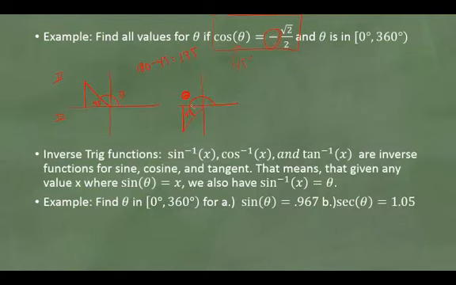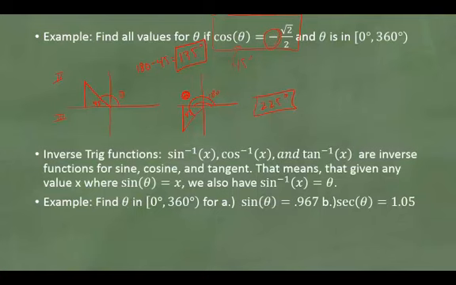If this is 180 here, what's 180 plus 45 degrees? 225. So those are our two angles, 135 and 225. That's the only way we can get cosine theta to be negative square root of 2 over 2.